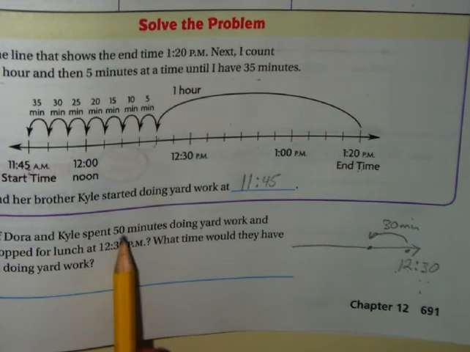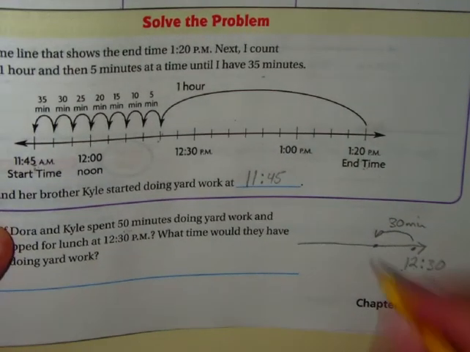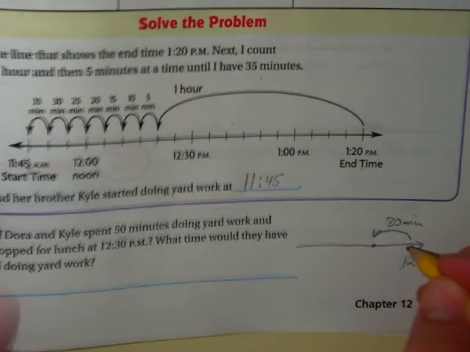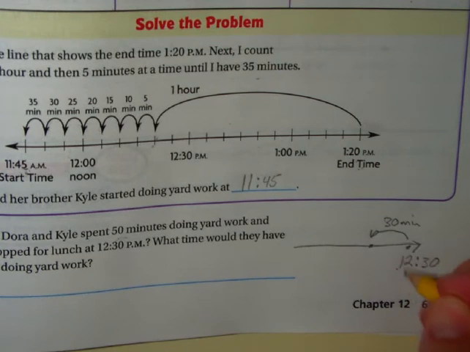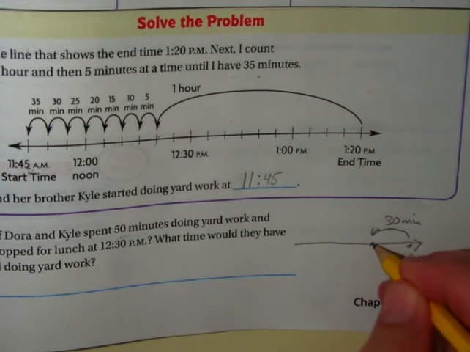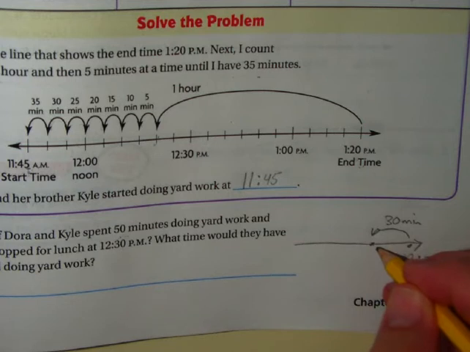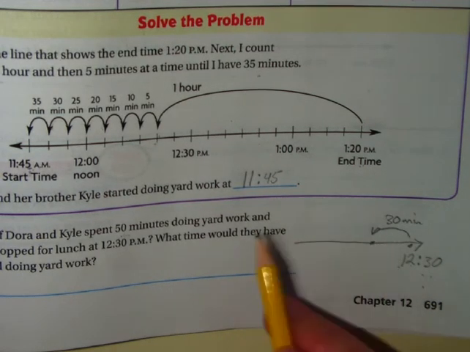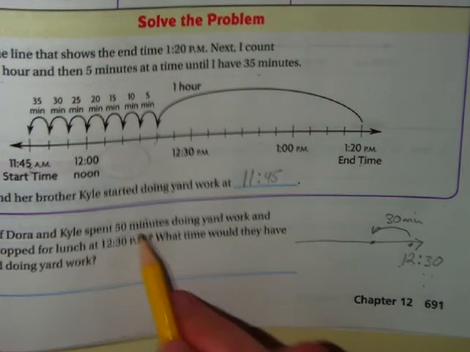And 50 minus 30 leaves me with 20 minutes that I have to take away from 12 o'clock.